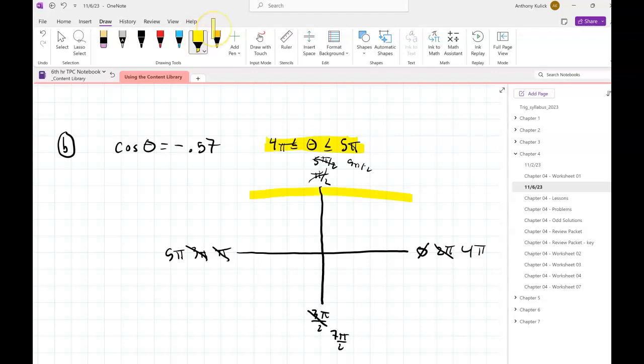So we're talking about then quadrants 1 and 2. Everybody feel okay with what I did there?